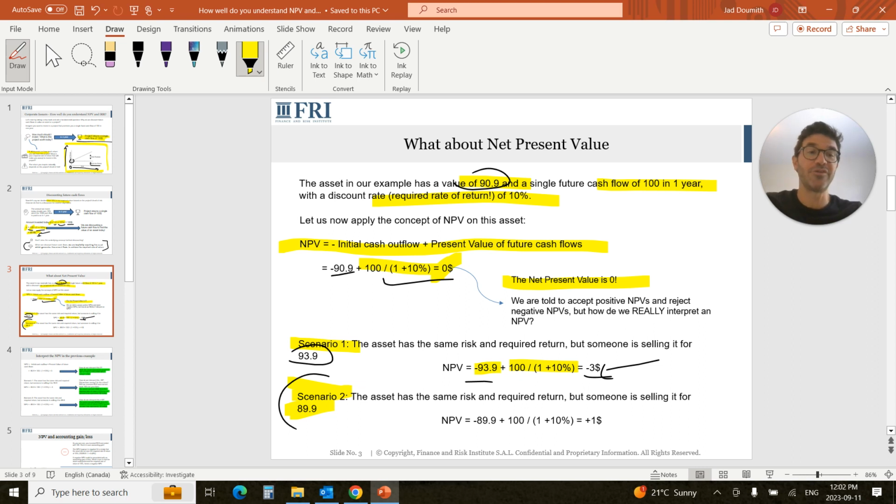Again, it still pays you $100 1 year from now with a required rate of return of 10%. Calculate the NPV now. It's negative 89.9 outflow to acquire the project, and then the same $100 inflow in 1 year discounted at 1 plus 10%. The NPV is a positive $1. What is again the correct interpretation of the 0 in this case, the negative $3 in that case, and the positive $1 in this case?